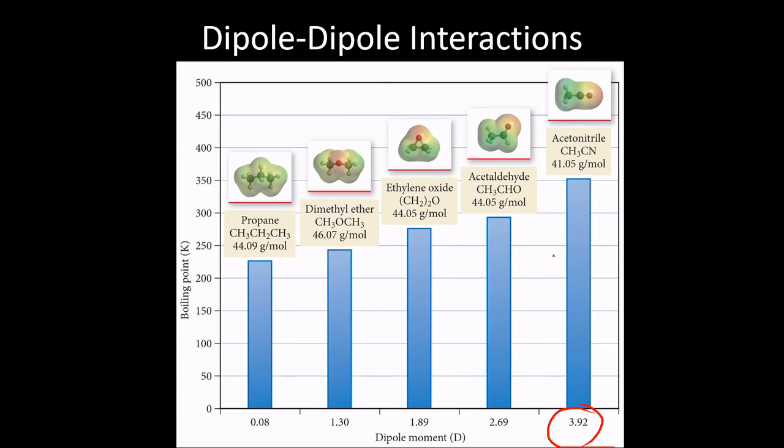So as we get stronger dipoles, the interaction becomes stronger as well. So dipole-dipole interactions are stronger than dispersion forces, but not every dipole-dipole interaction is the same. They're all a little bit different, at least.